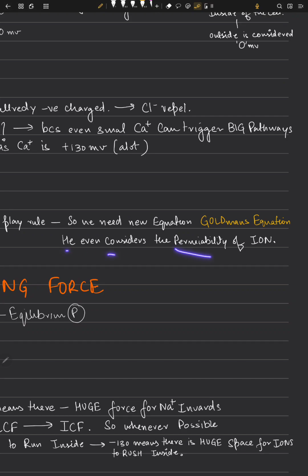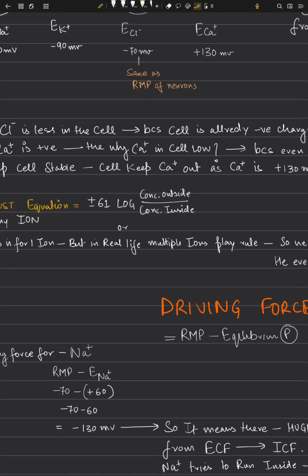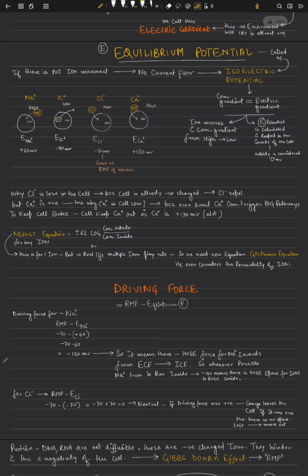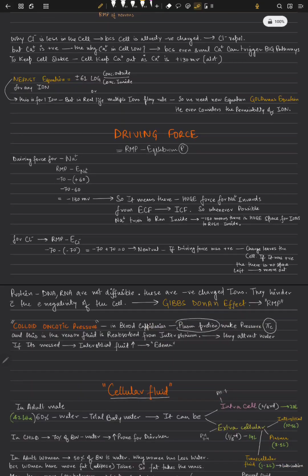Goldman's equation considers the permeability of the ion, like how permeable an ion is, and takes that into the formula as well. So Goldman is better than Nernst. Cool. It's just history. That's it.